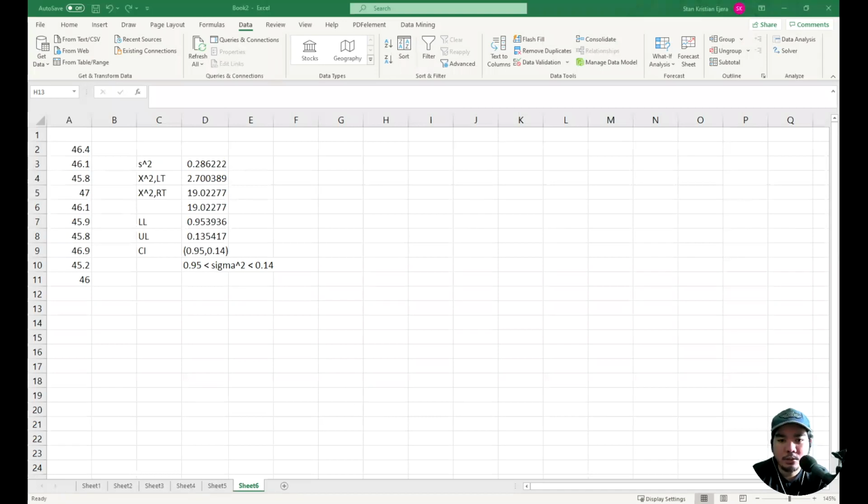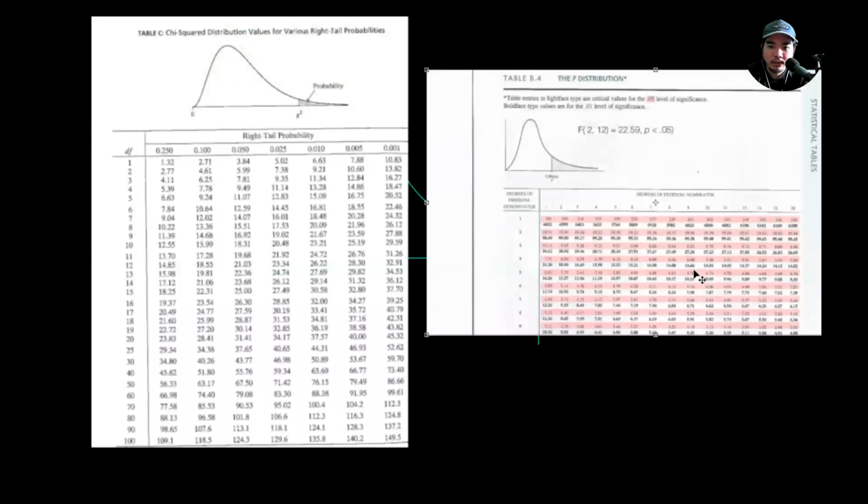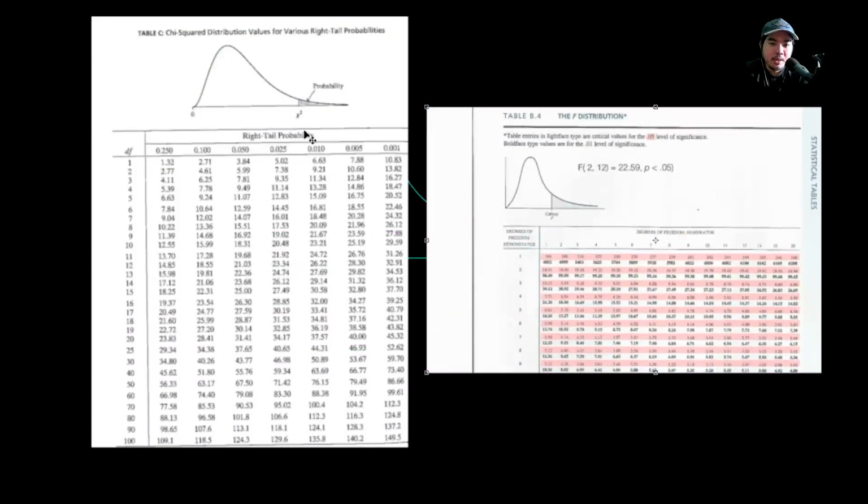So, I'll show you. Okay. So, old tables look like this, no? Ito siya class.